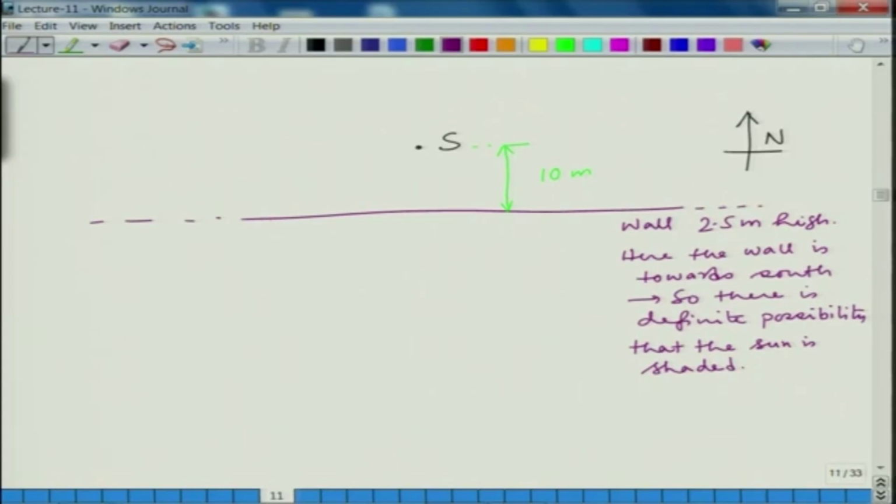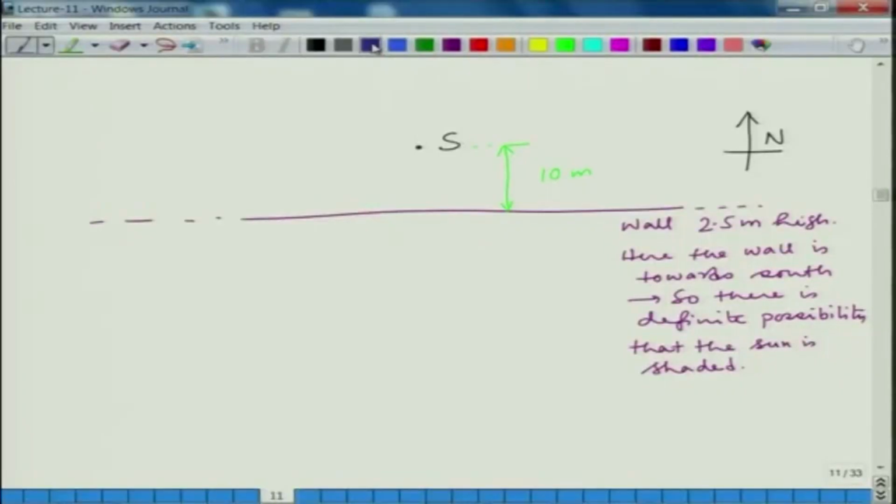Okay. So, to approach this problem, we need to first pick few points, because you cannot find the azimuth angle or the altitude angle for the whole wall, all along the wall. We have to take few points and then we have to generalize. Okay. So, let us take some point, which is one point.